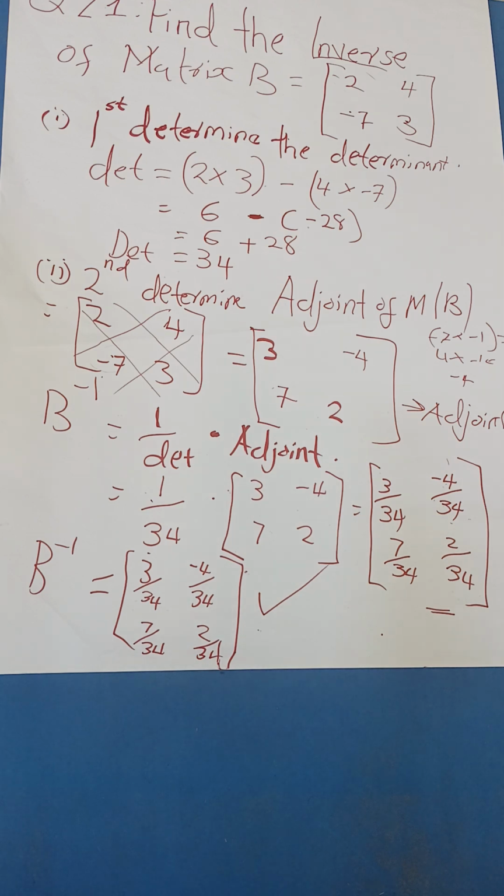Next session I will come with that question where we are required to use the matrix method, whereby we come by a 2 by 2 matrix and we are required to find the values of x and y. It's just the same thing. We determine first the determinant, get the adjoint, get the inverse, and then we proceed.